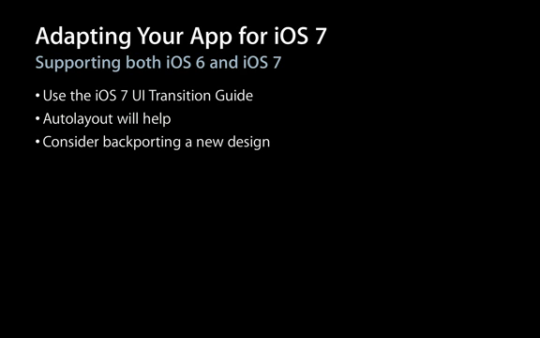Finally, as you're considering the design for your application, perhaps reviewing the themes we've been discussing today, a lot of what's new in iOS 7 is not aesthetic. It's structural. And so as you consider the design, I would encourage you to consider a user interface which is structurally in the spirit of iOS 7, even if it is not aesthetically in the spirit of iOS 7 on iOS 6.